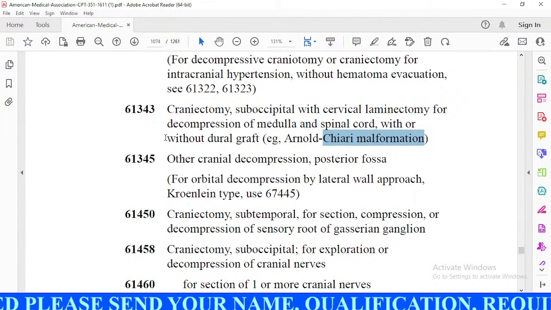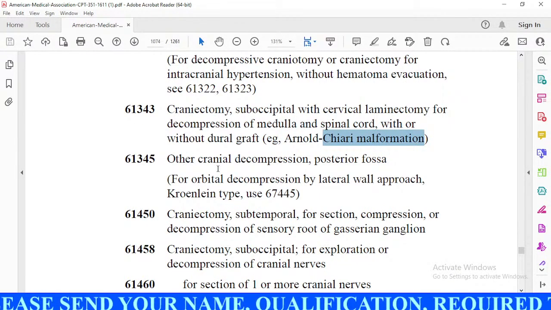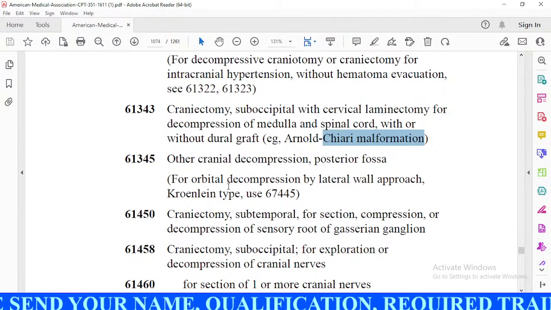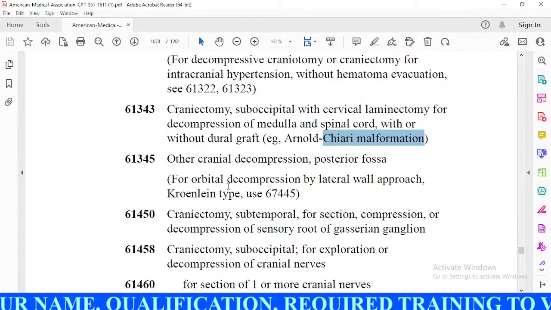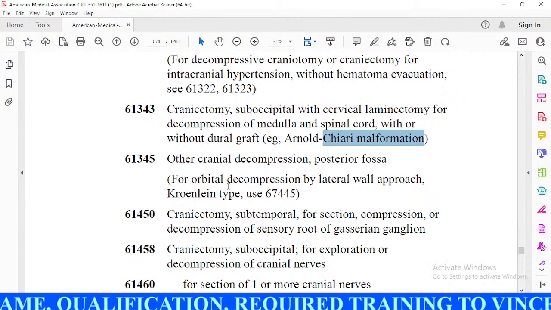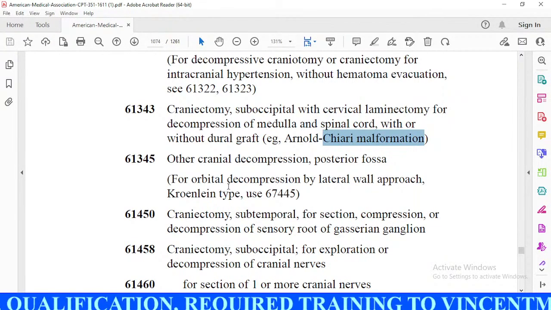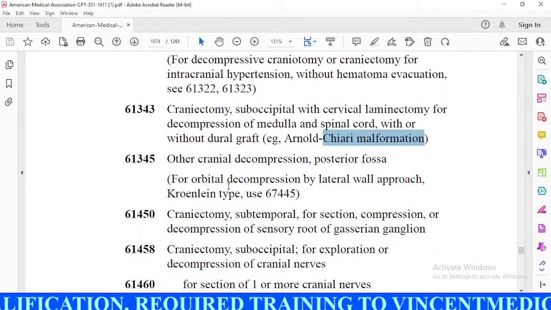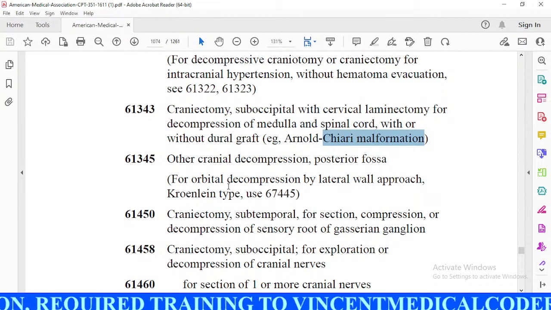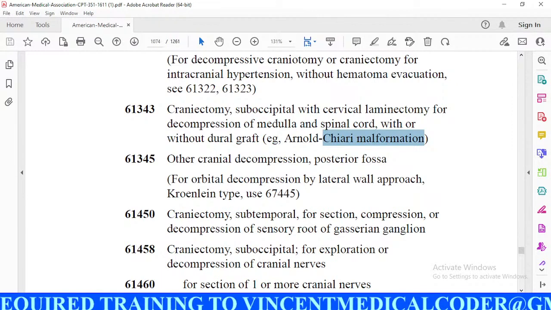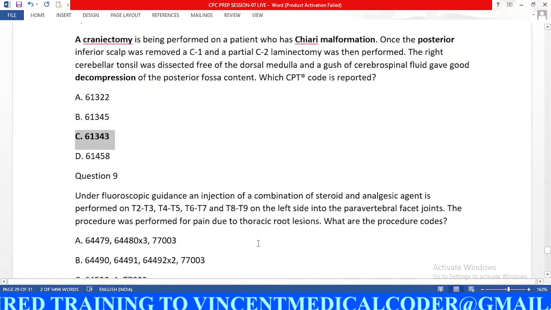Parimala, you got this answer now. You need to code the CPT code using the diagnosis also, so you need to compare the diagnosis here. Try this complex question.